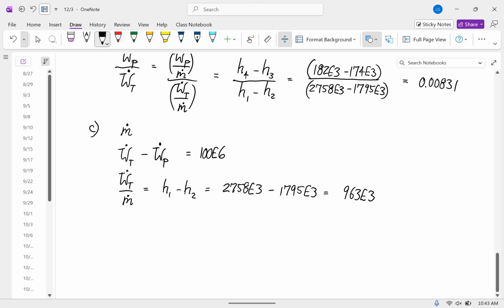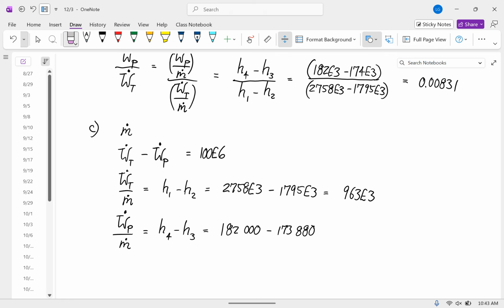And we know that the work input to the pump divided by the mass flow rate is H4 minus H3. And that is 182,000 minus 173,880. I guess this was actually 100, wasn't it?